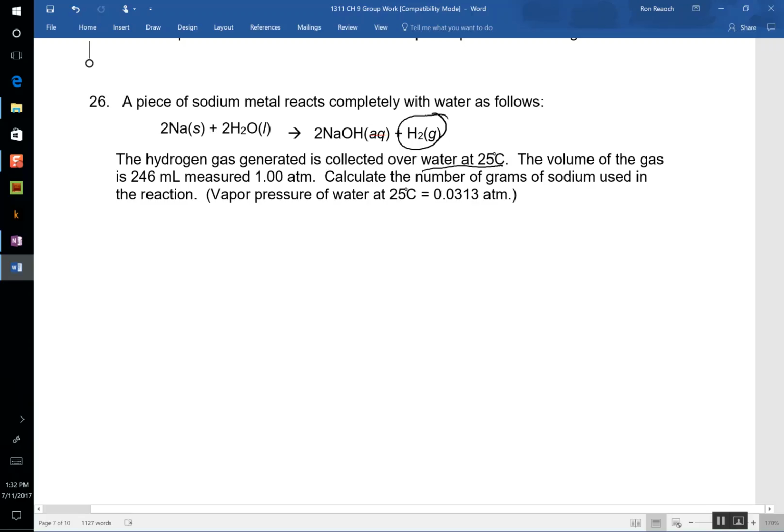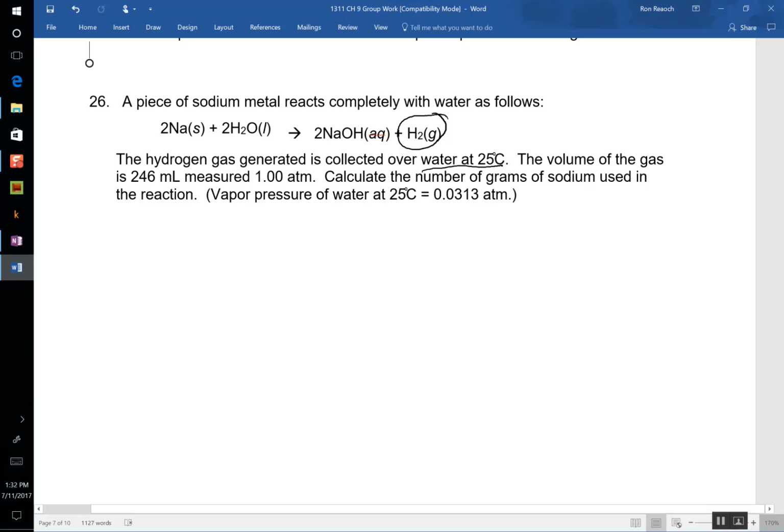Now what are we reacting? We're reacting sodium with water. So we take our sodium metal, a chunk of metal, it's too big to get in there. So here's our sodium metal, take the stopper off, throw the sodium in there, put the stopper back on. And what happens?